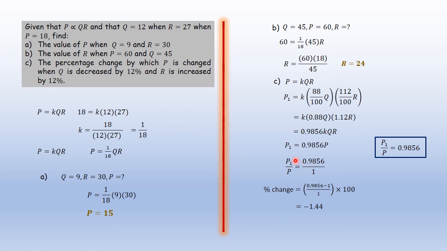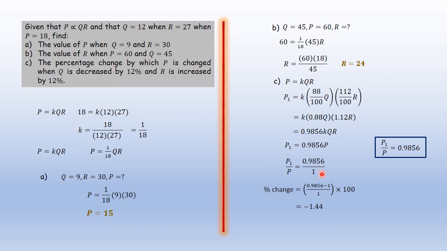However, when you get to this particular point, P1 over P is equal to 0.9856 over 1, you can always think about it this way. Since P is now 0.9856 and it was originally 1, you can multiply the values by 100 so that we have 98.56 and 100. So it was originally 100, it is now 98.56.